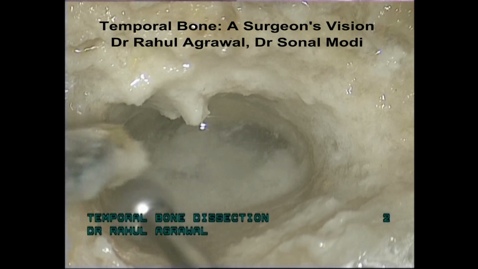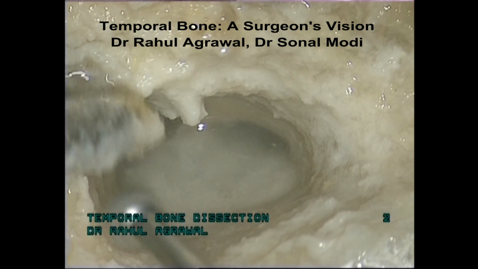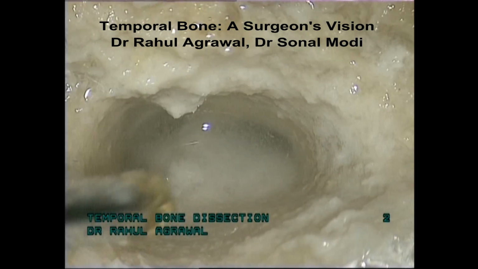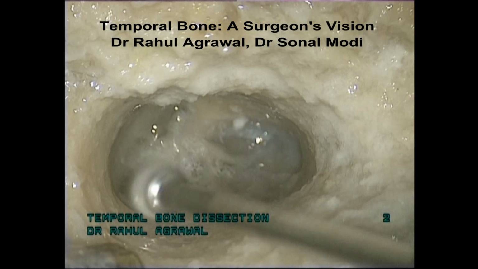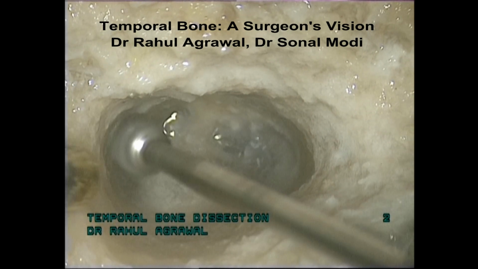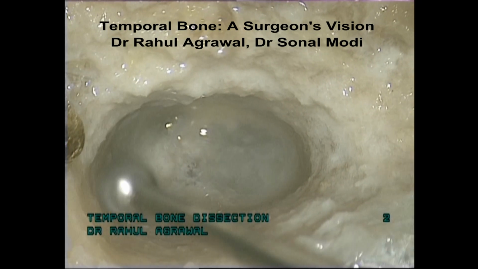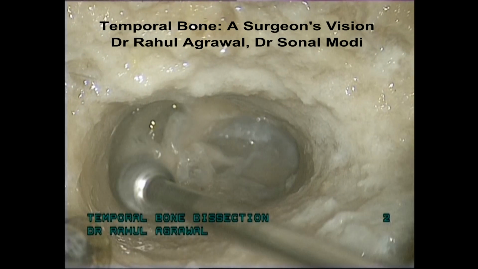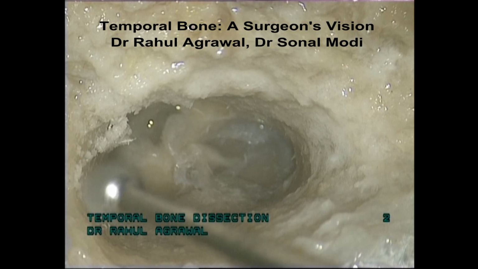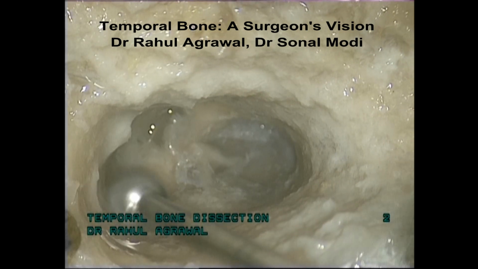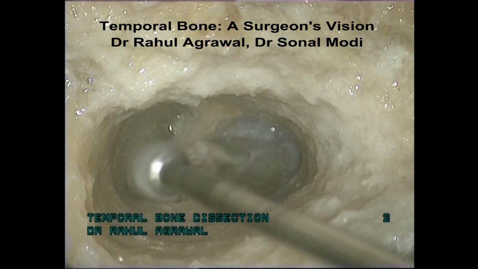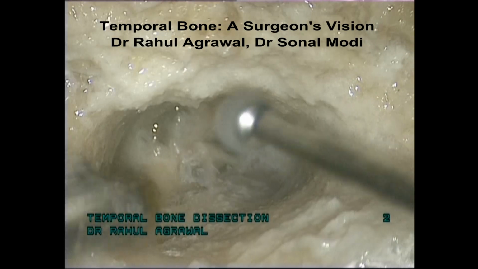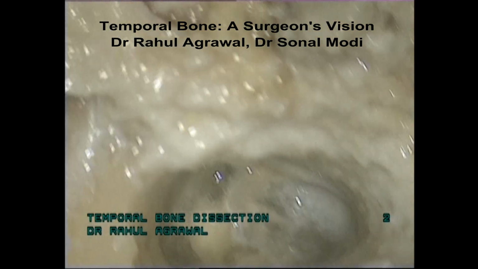The basic concept of cholesteatoma surgery when you are doing an inside-out mastoidectomy, always remember, is that you start the dissection from where the disease starts, that is from the attic, and you follow it up till the end of the disease. After you have reached the end of the disease, that is the end of the cholesteatoma sac, you remove the sac in a single piece.